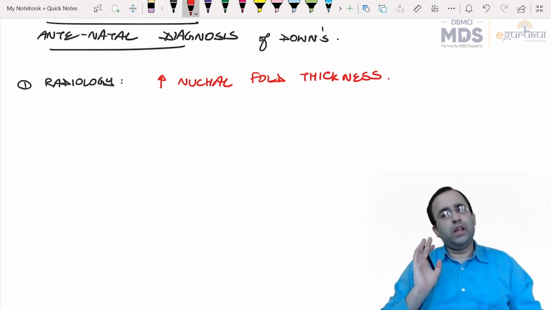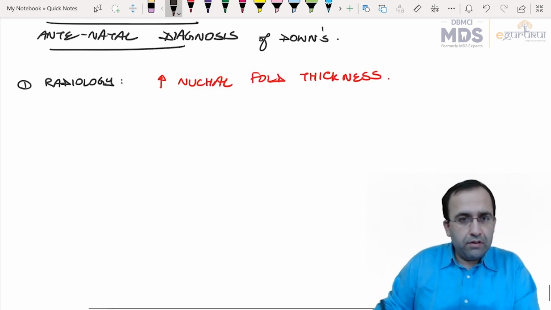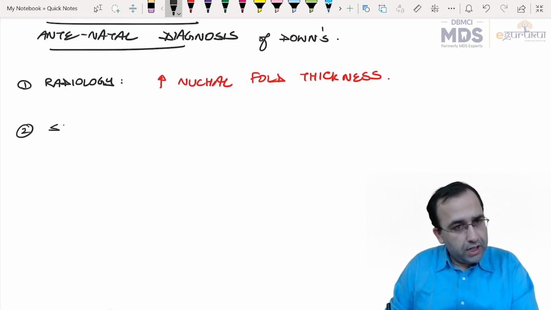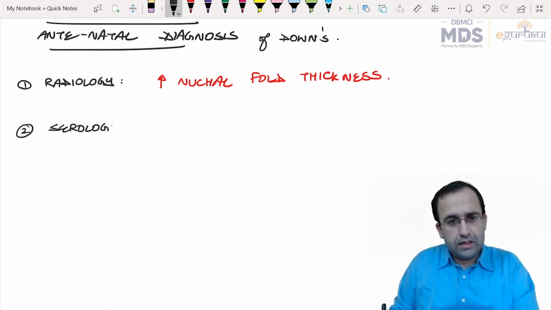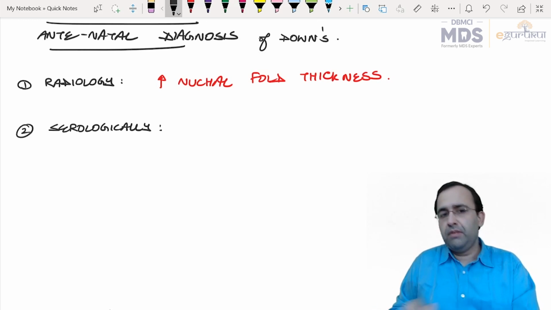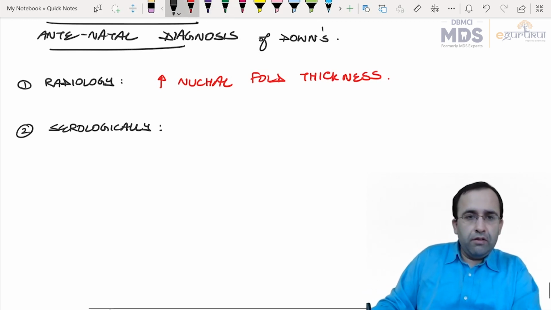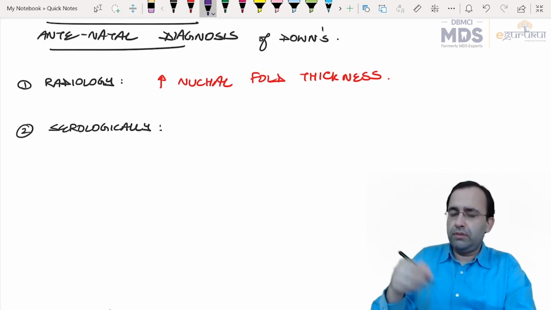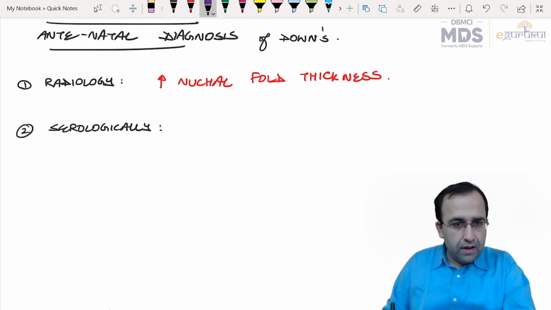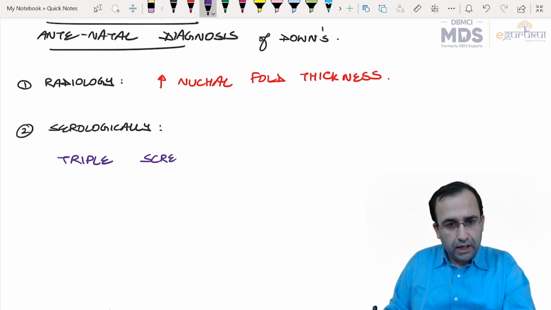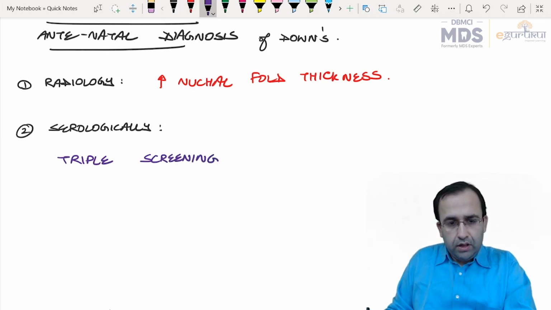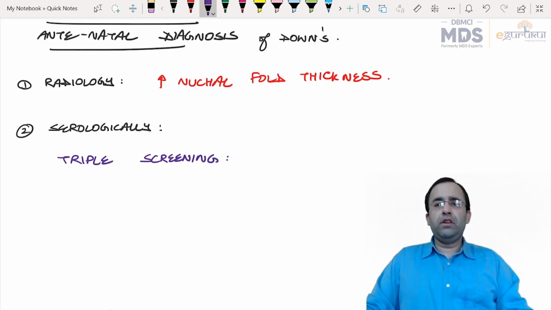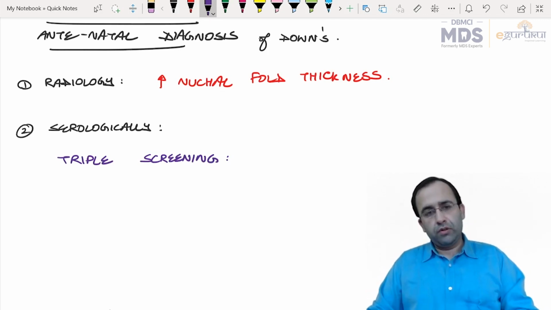Increased nuchal fold thickness. Next, versus serologically, extremely important. Serologically, we look at two types of tests: the triple screening of Downs and the quadruple screening. Let us start with triple screening of Down syndrome.